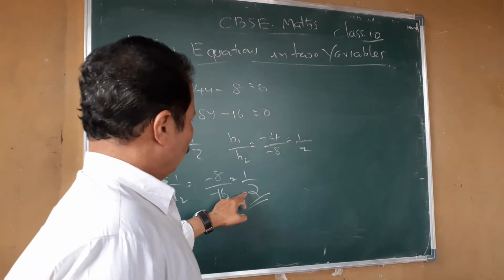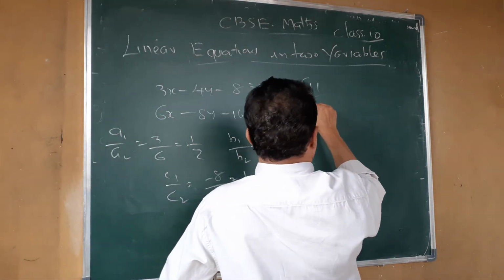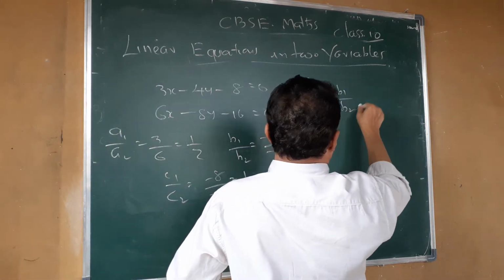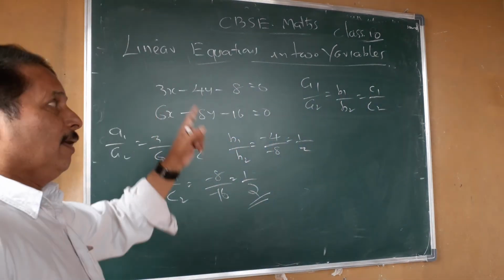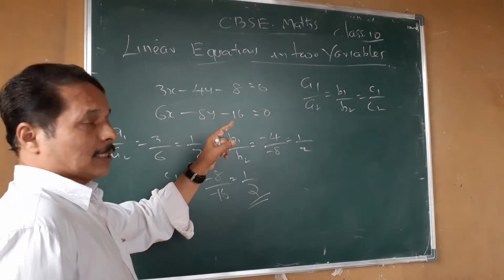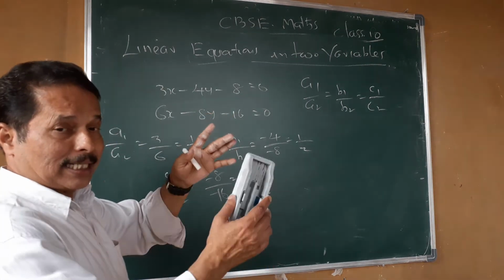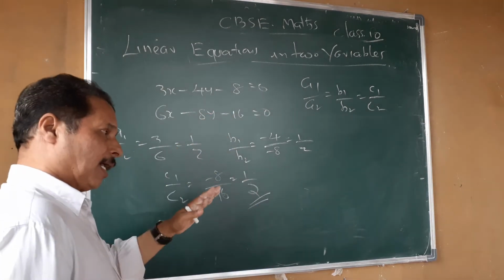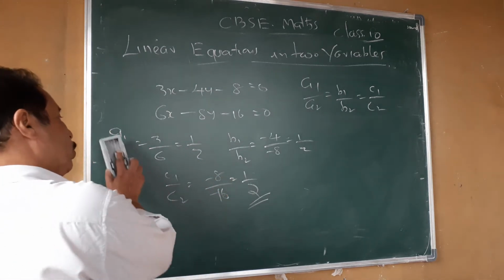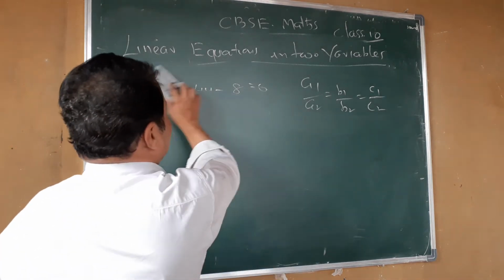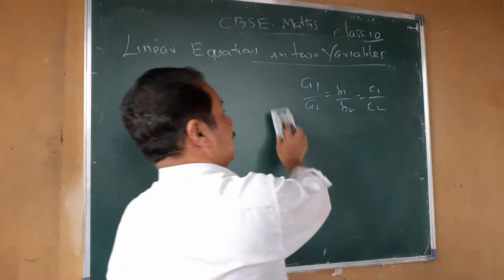That means a1 by a2 equal to b1 by b2 equal to c1 by c2. And your condition is the lines are coinciding graphs. There are infinite number of solutions, but consistent.